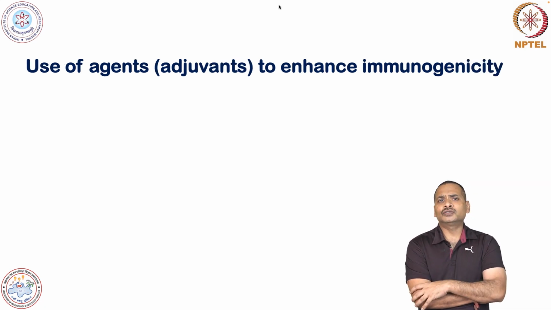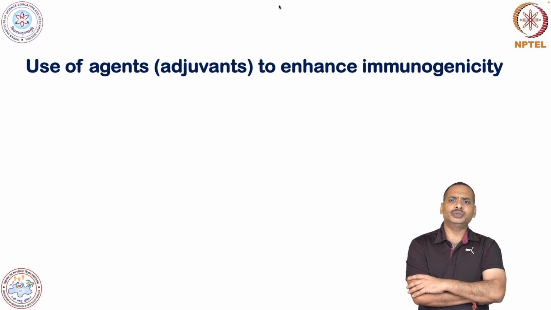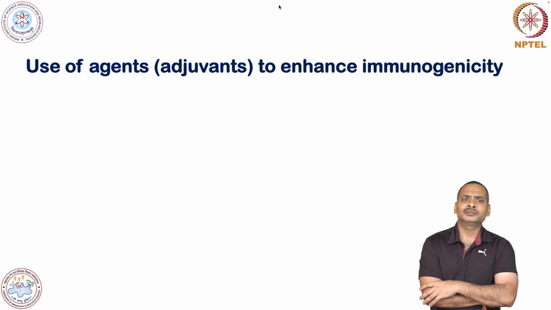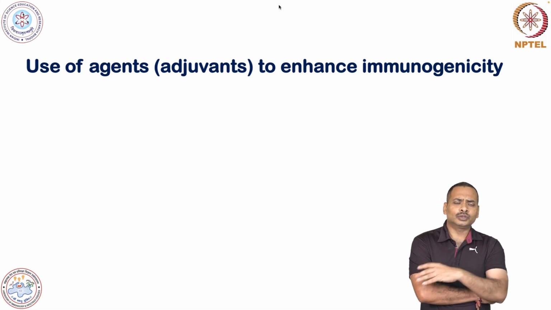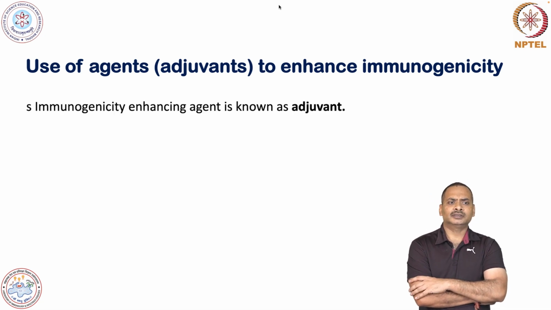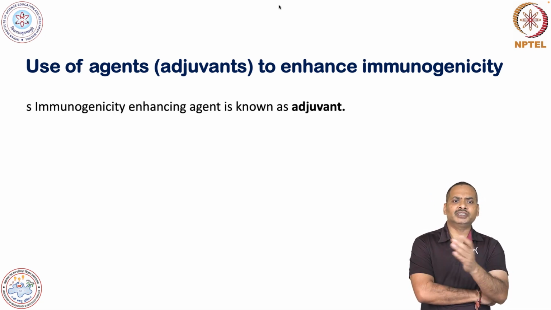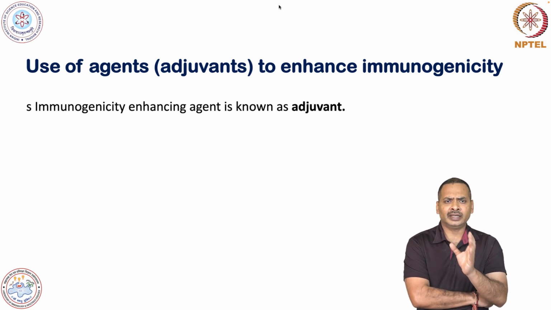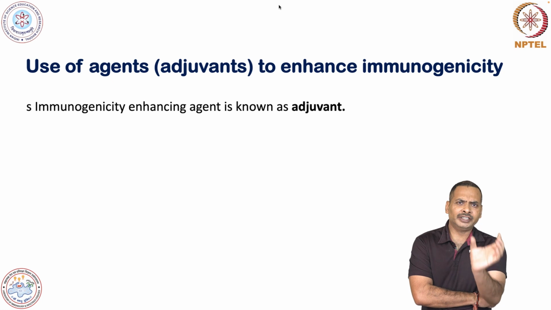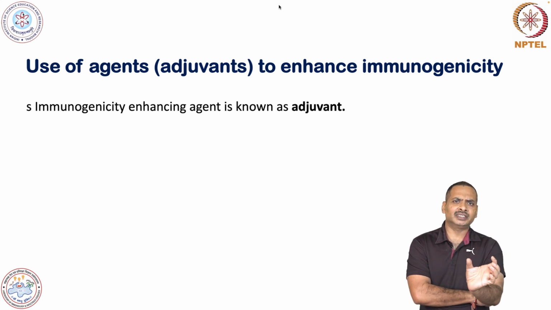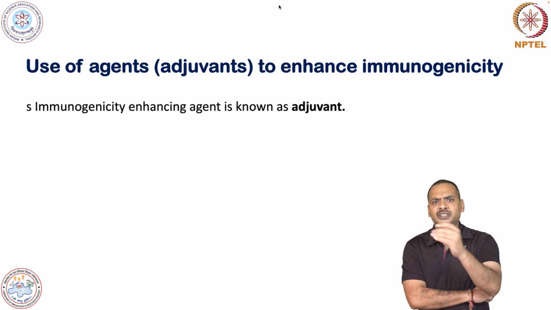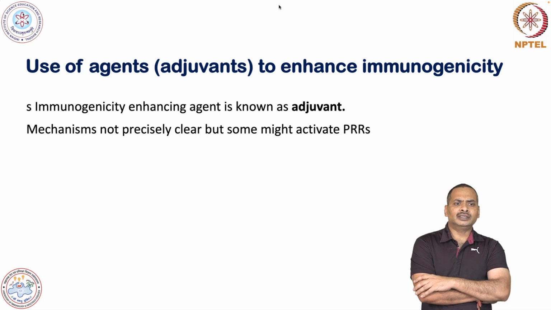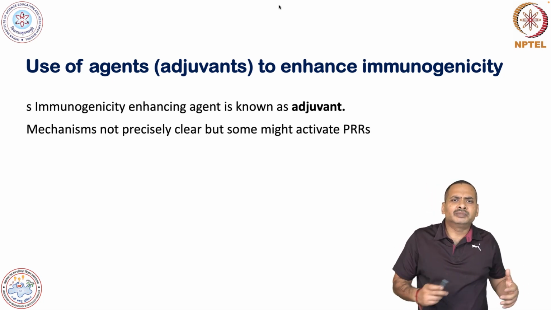Another is the use of some agent or adjuvant to enhance immunogenicity. This is also very important. Here you can see that immunogenicity is enhanced, and basically the adjuvant is an immunogenicity-enhancing substance. There are various mechanisms.